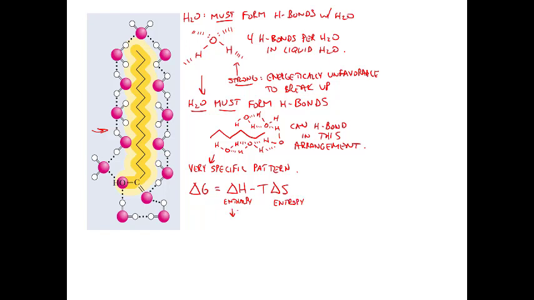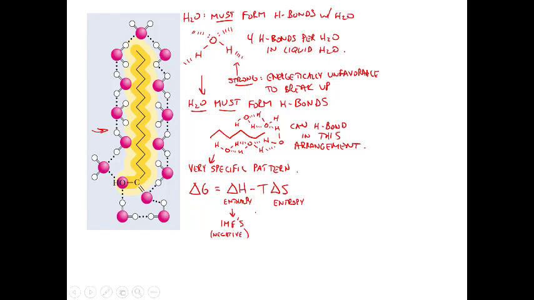The enthalpy part of the delta G comes from the intermolecular forces. So we said before that for the delta H of this process, we have hydrogen bonds being formed. So our enthalpy change is going to be negative because we are forming favorable intermolecular forces.